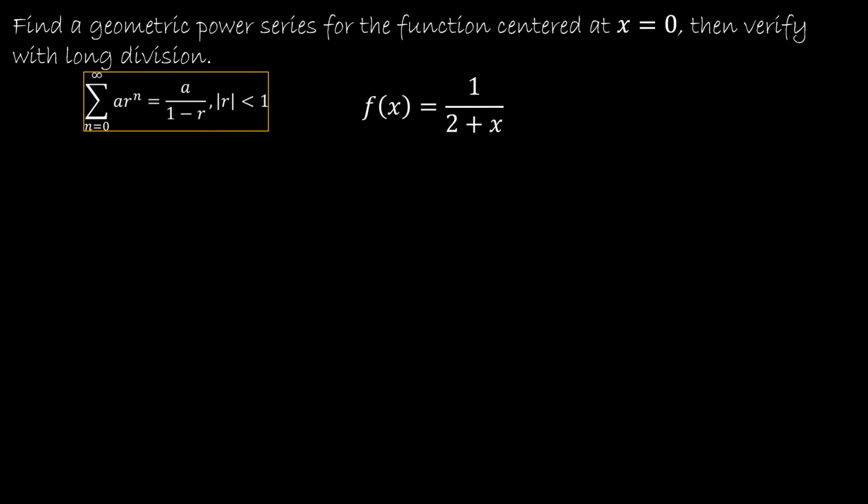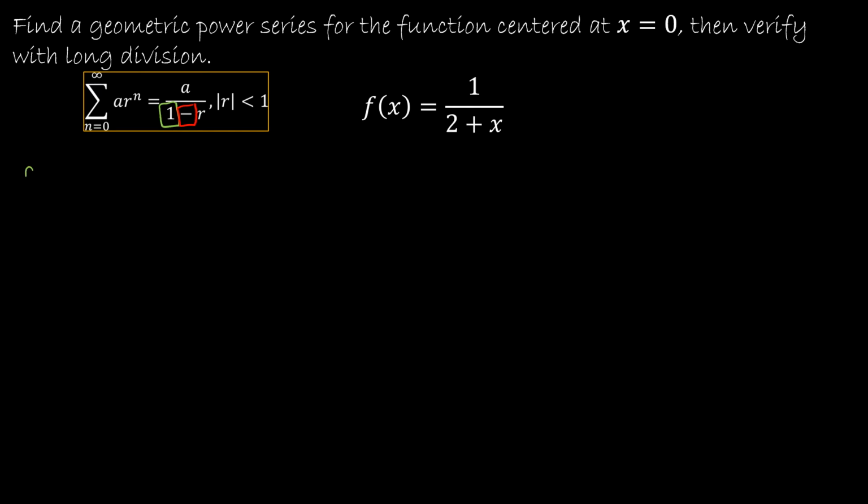We're going to think about how to turn this function so that it looks more like this function, a over 1 minus r. Again, the two things to look out for is this first value in the denominator needs to be a 1, and the operation in the denominator needs to be subtraction. And right now I don't have either of those things.